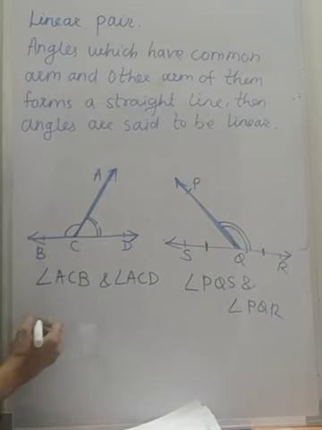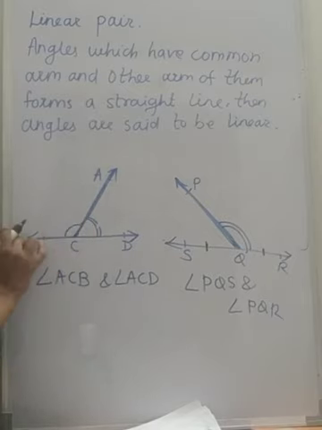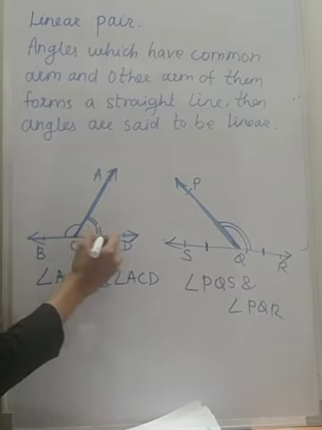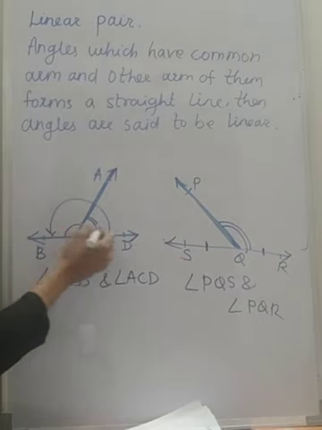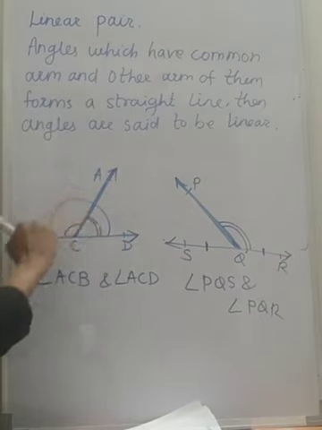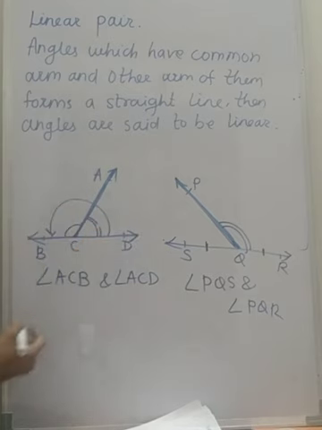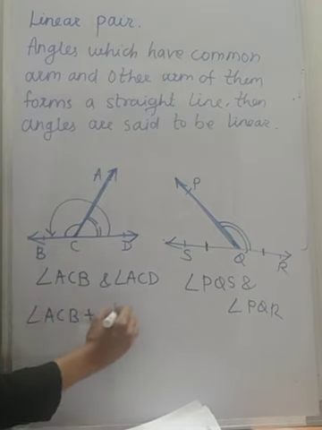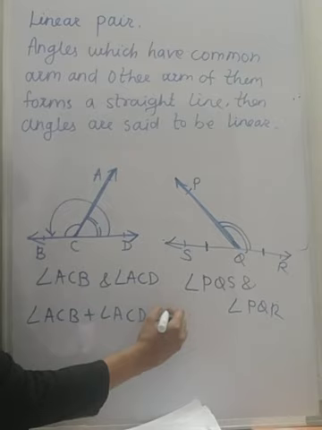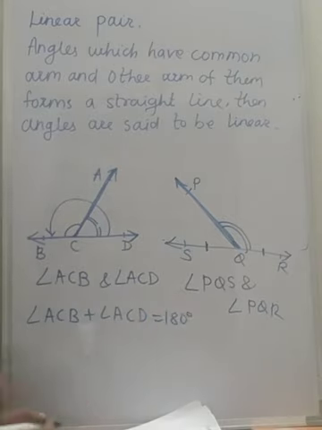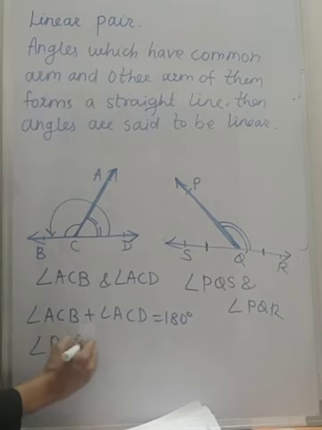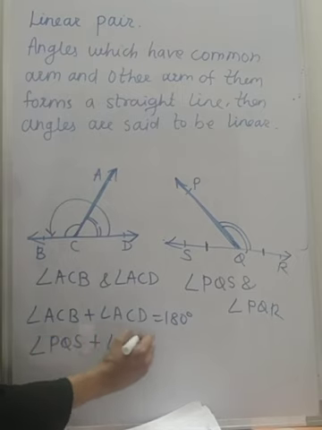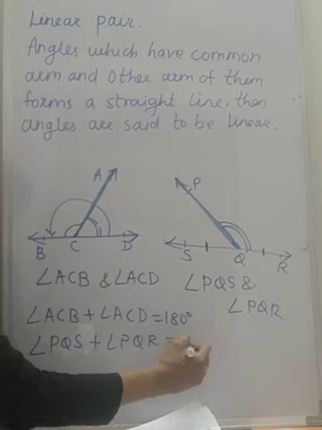Also write that if you add these two angles, they form a straight angle. A straight angle is always equal to 180 degrees. So angle ACB plus angle ACD is equal to 180 degrees. Same goes for this also: angle PQS plus angle PQR is equal to 180 degrees.